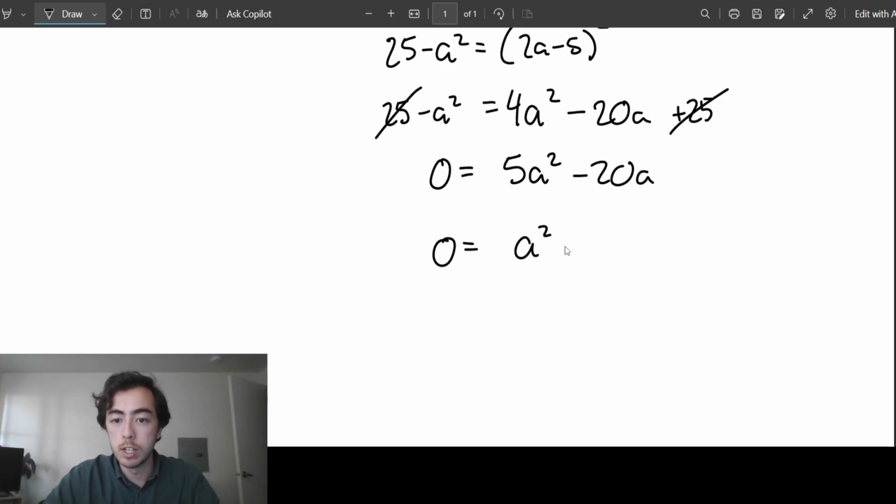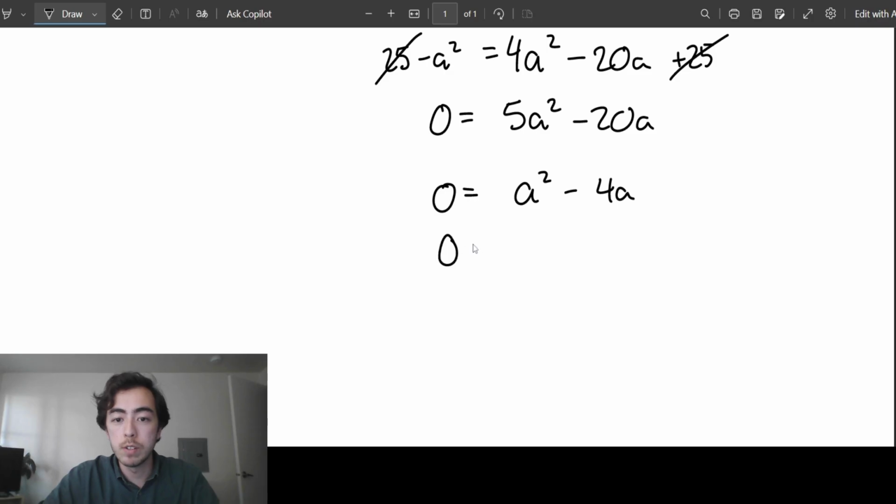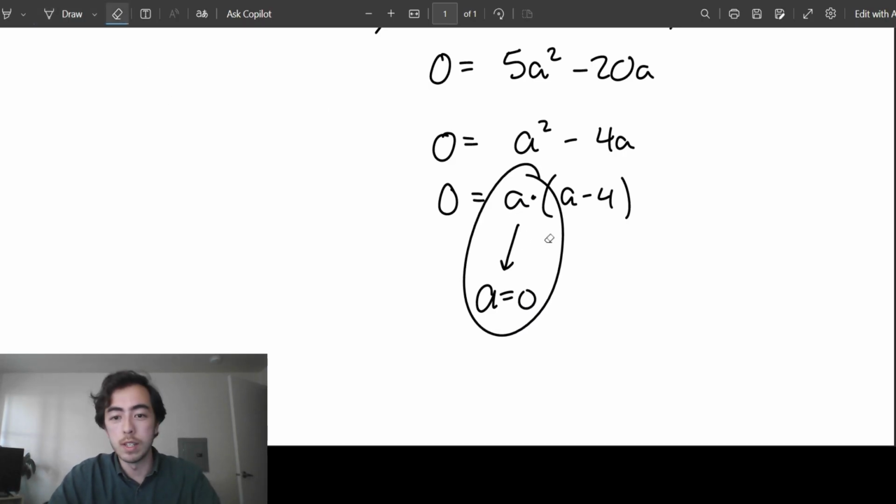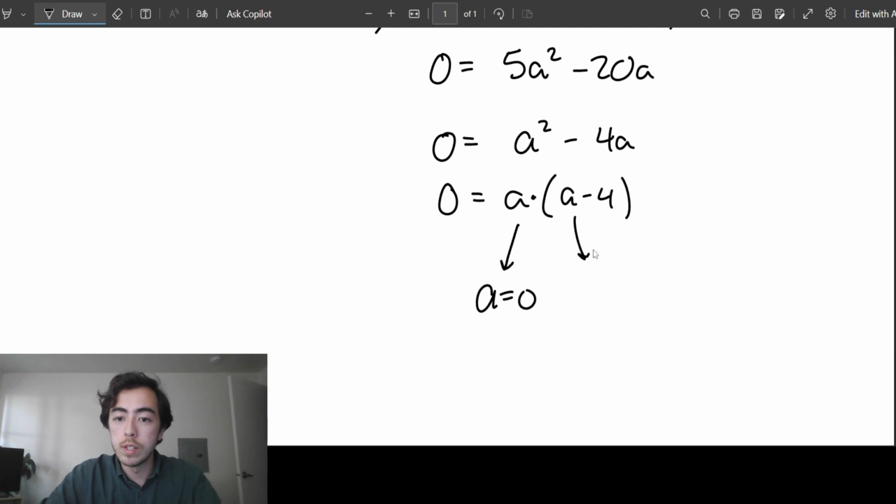So a squared minus 4a. Let's do some factoring, factor an a out, and now I have a product. I have something times something is 0, so surely one of them is 0. Either this first number could totally be 0, right, because 0 times anything is still 0, or this right factor needs to be 0, and thus a would have to be 4.